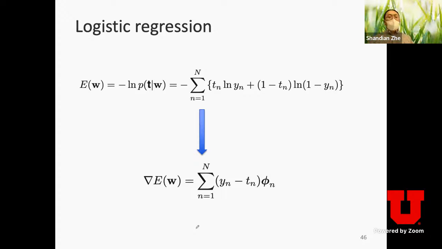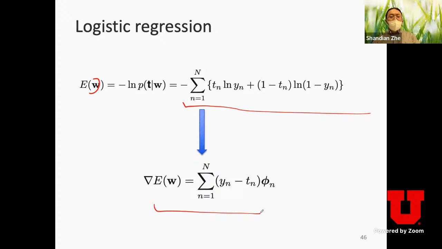In other words, it is equivalent to minimizing the negative log likelihood, but they are the same thing. If you take the negative log likelihood, it will give you this form. Then to minimize the negative log likelihood and find the optimal W, we just take the gradient. You want to leverage the gradient information to optimize W, which gives this.